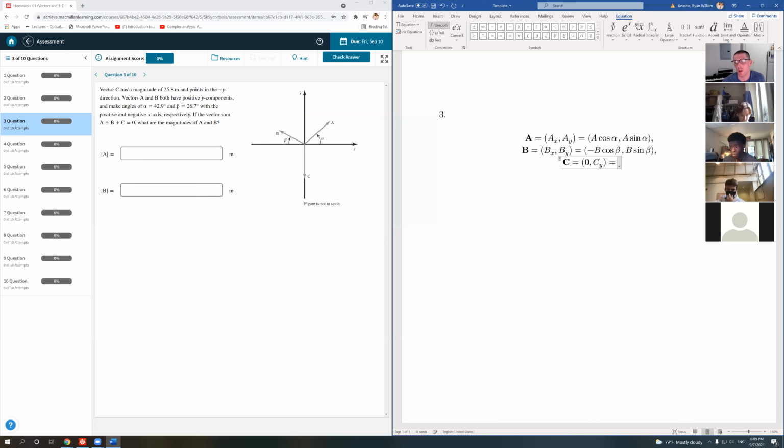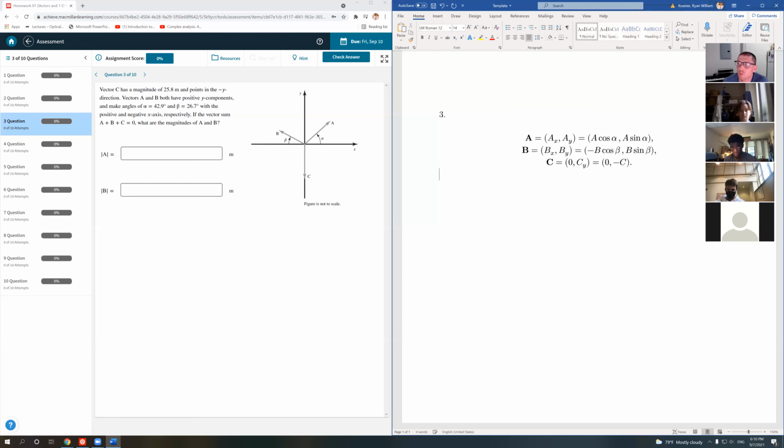And what I would write here is 0 and then just minus C. So just to stress this again, by my convention, this big C is positive 25.8 meters, right? So then I've gotten the sign correct by putting the negative sign in front of this number.